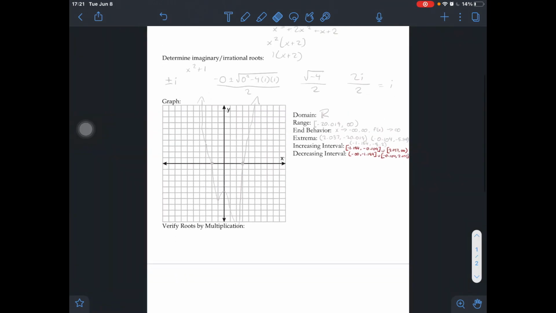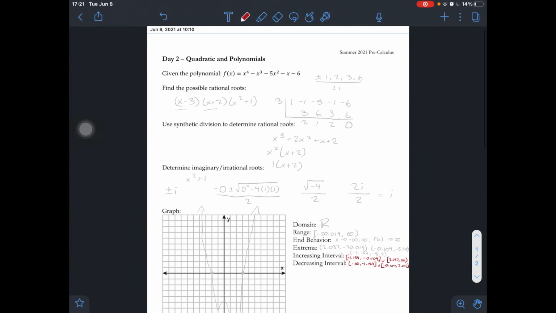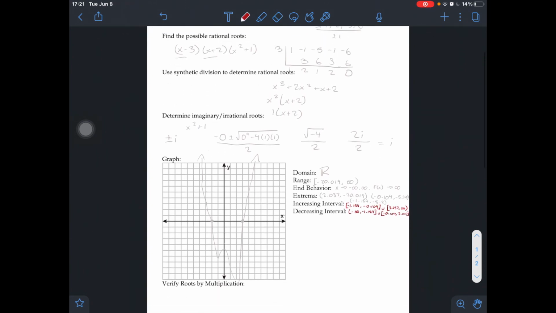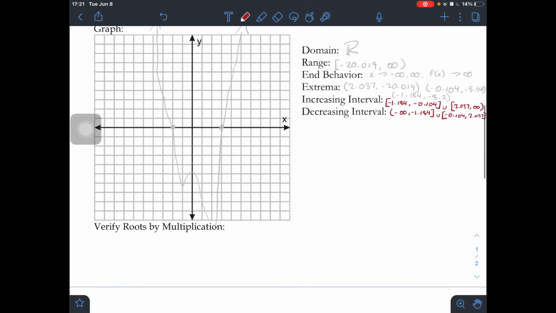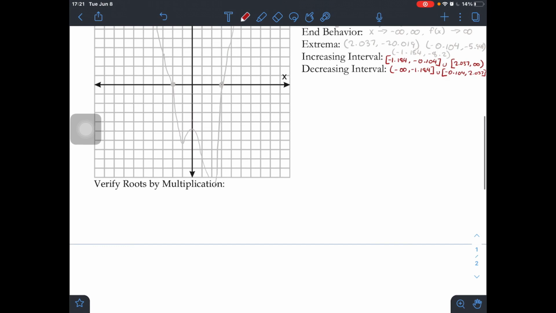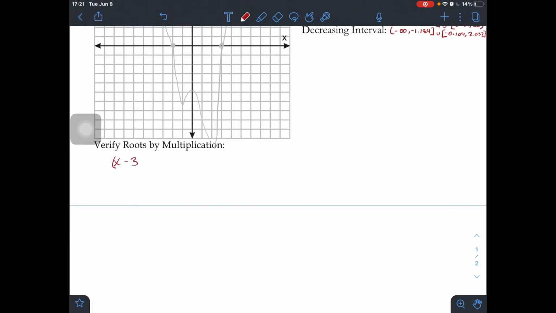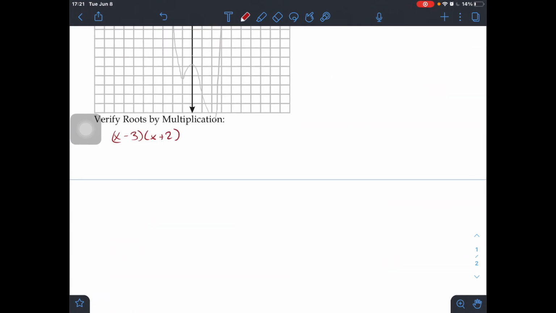And we have to verify the roots by multiplication. Let me just write the actual roots here. x is equal to 3, x is equal to negative 2. So let's multiply these factors together. x minus 3 times x plus 2 would be x squared, then plus 2x minus 3x minus 6.